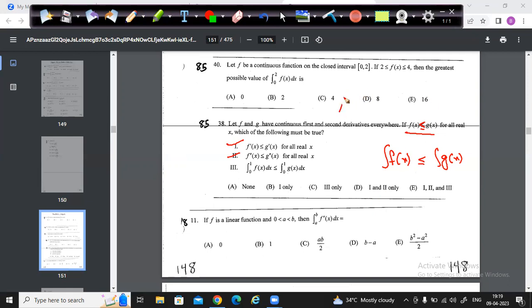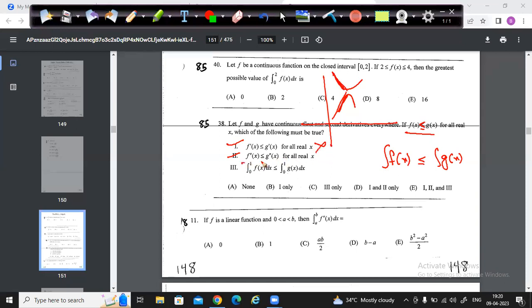So this is my f of x, and this is my g of x. Same function. So f dash x is positive, g dash x is negative. G of x is clearly greater than f of x, but f dash x is positive, g dash of x is negative. So f dash x is greater than g dash of x cannot be possible. It is not required to be true. So statement 1 is wrong.